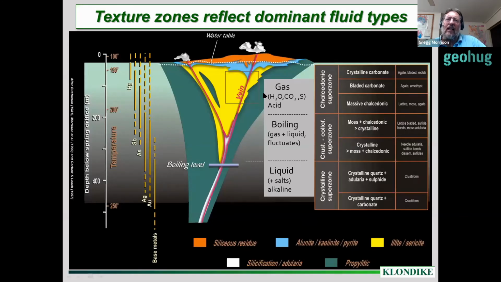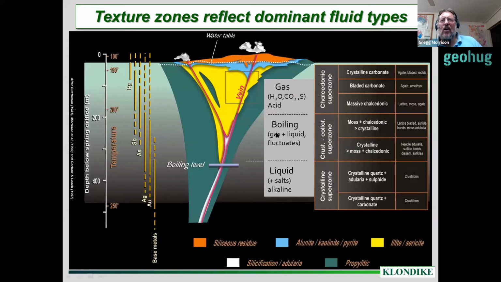chalcedony fundamentally forms from the gas-dominated part of the overall fluid and above the boiling zone. And carbonate tends to be preserved up there as well because the CO2 partitions into that gas. It might originate in the boiling zone, but it gets preserved up here better. And the fugacity of carbon dioxide is a lot higher in here than it is in here generally.